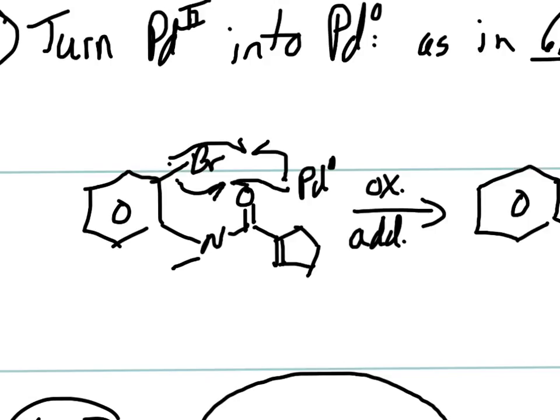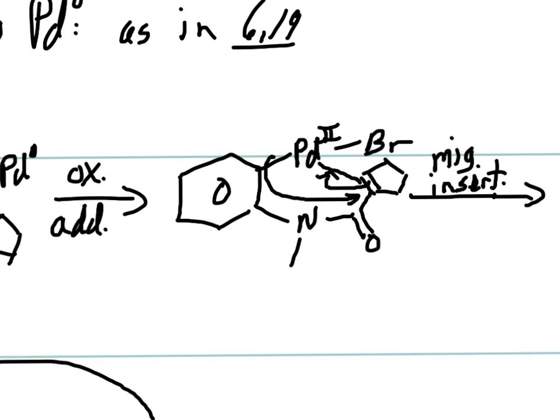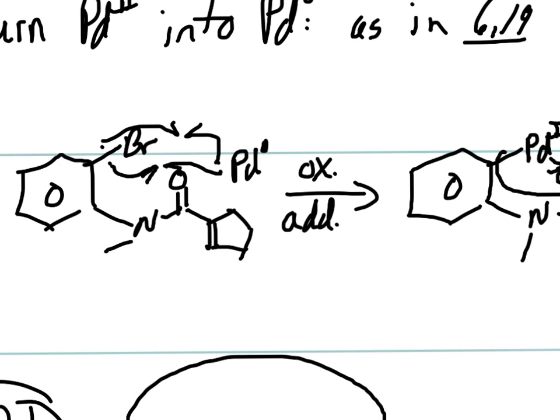So now that we have our palladium 0, we can do that oxidative addition here. Once we do that oxidative addition, now we have the palladium in the bond. Within the ring, just remember here, there is a pi bond right there.